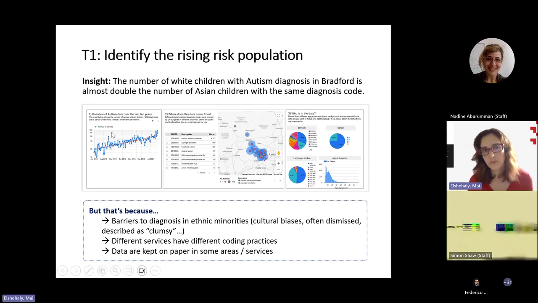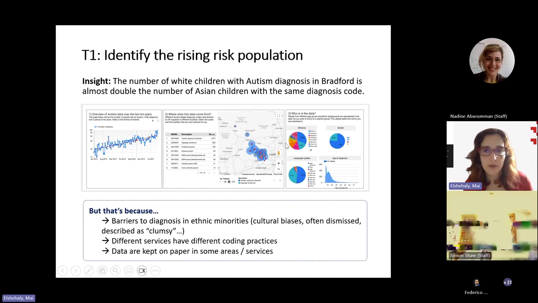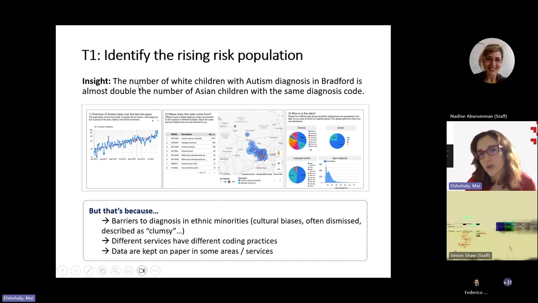And this is an example insight that you can immediately get from the dashboard, particularly from the pie charts on the right. The number of white children with autism diagnosis in Bradford is almost double the number of Asian children with the same diagnosis code. Obviously, this is not the case on the ground, so it doesn't really reflect the reality.